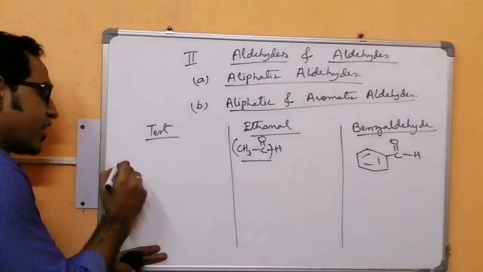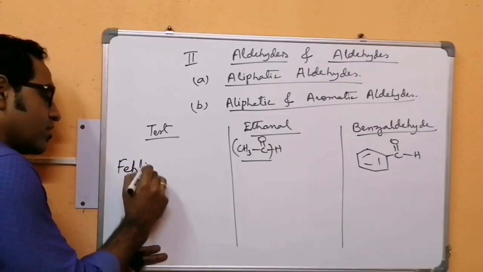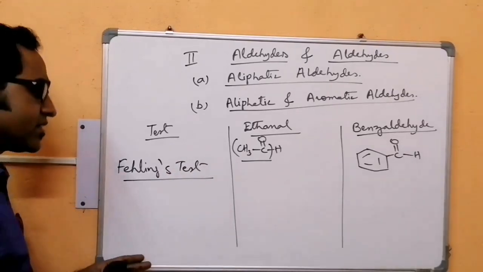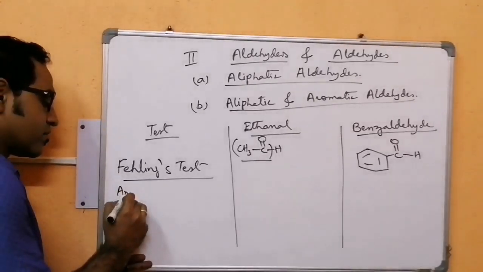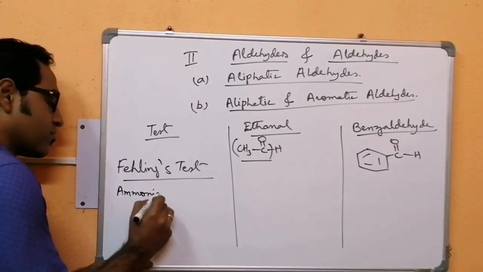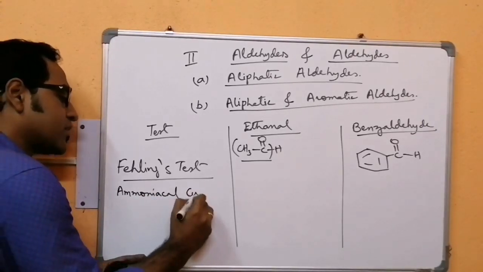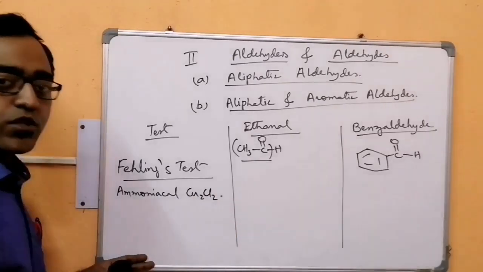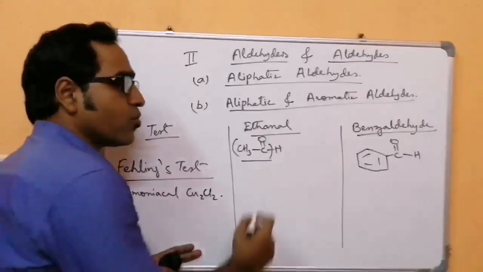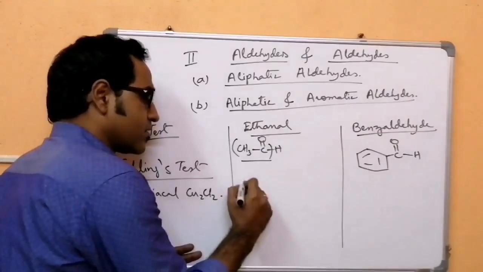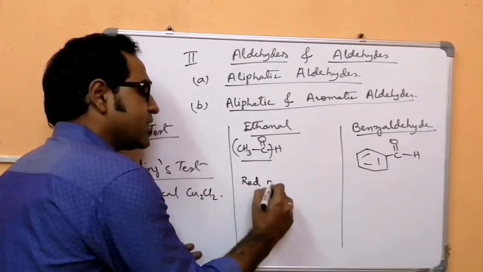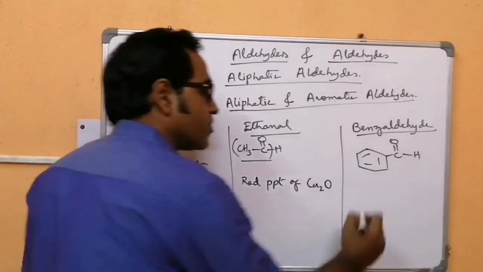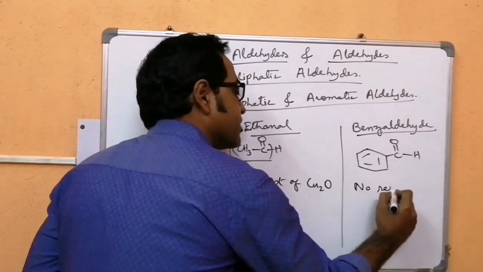So what we will do? Fehling test. Now what is the Fehling reagent? It is ammoniacal cuprous chloride. What is being observed here? Red precipitate of Cu2O. No red precipitate.